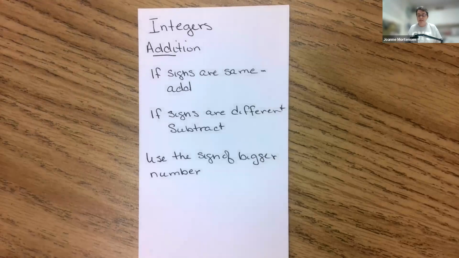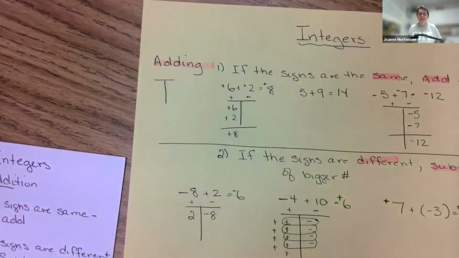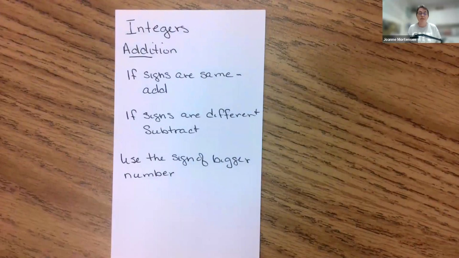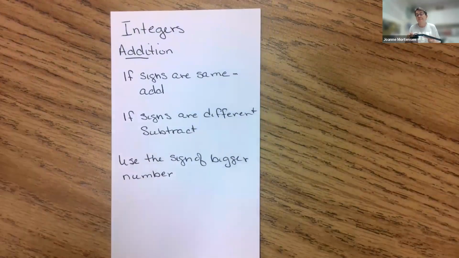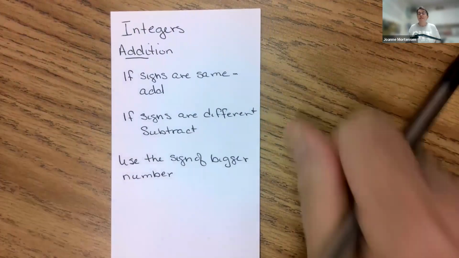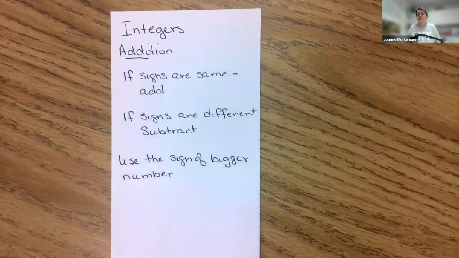So it's basically the same as this, but I didn't put the examples there. These are cool because if you had a different card for adding and then multiplication and division and subtraction, you can just pull it out, boom, I know exactly what rules I'm going to have. And eventually, you won't need the cards anymore.